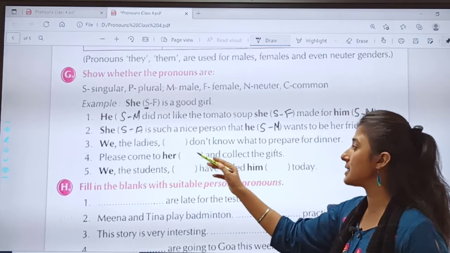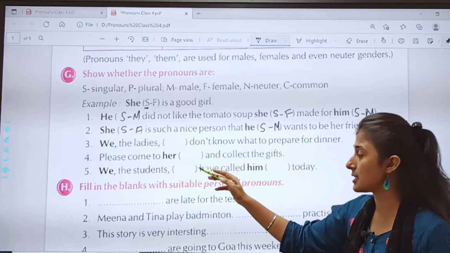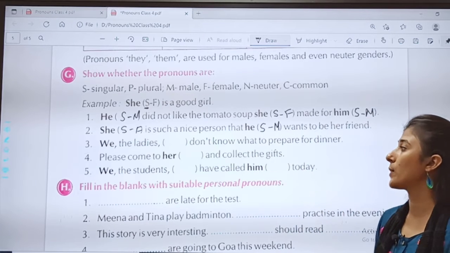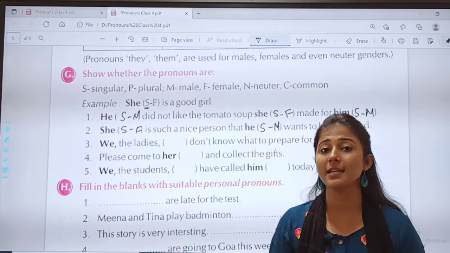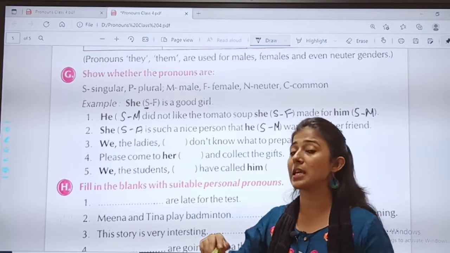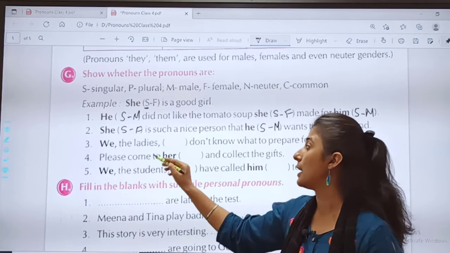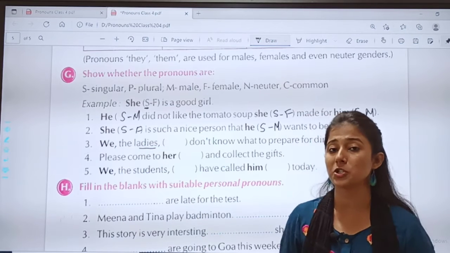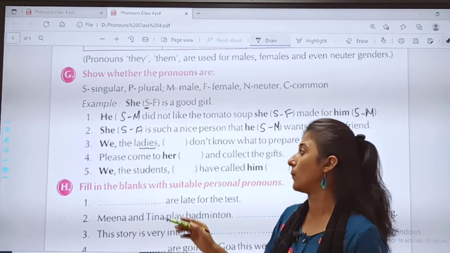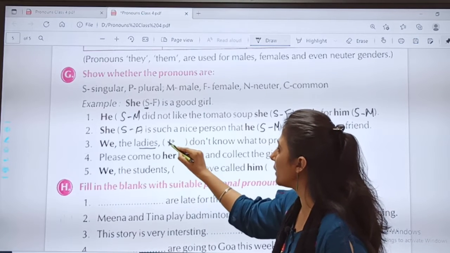We the ladies don't know what to prepare for food. We the ladies. We is not used for one person. We is used for more than one. And ladies is mentioned. That means plural form. So we will be plural.